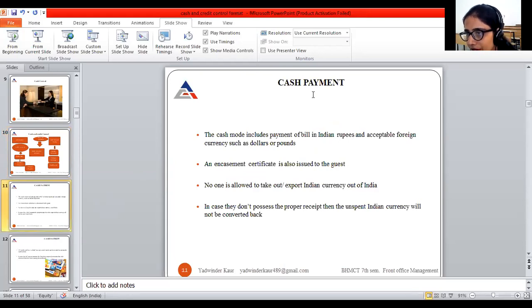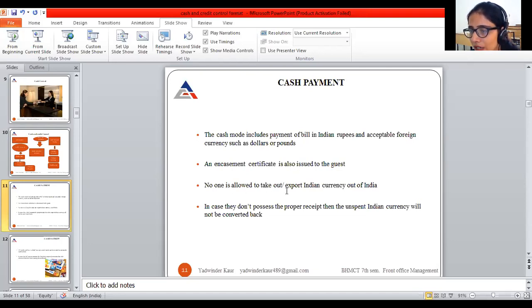What is cash payment? The cash mode includes payment of the bill in Indian rupees and acceptable foreign currencies such as dollars or pounds. An encashment certificate is also issued to the guest. As we have already discussed in previous classes, we issue an encashment certificate to the guest when we exchange foreign currency, right?